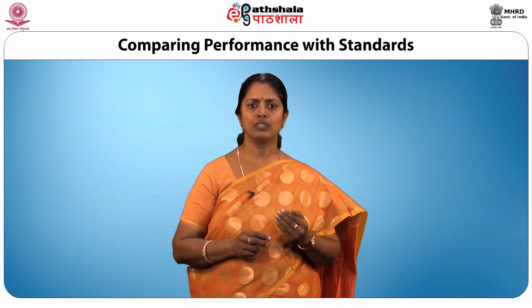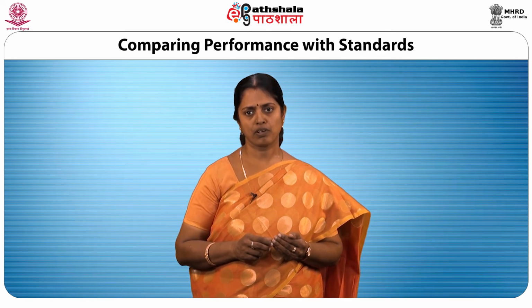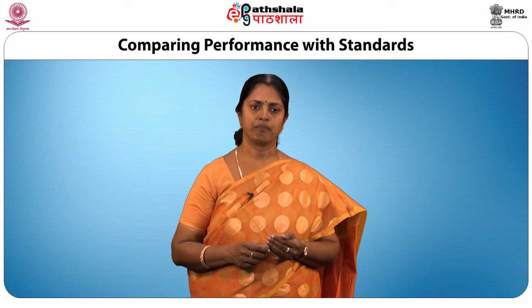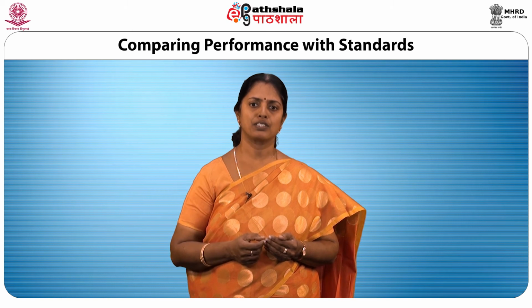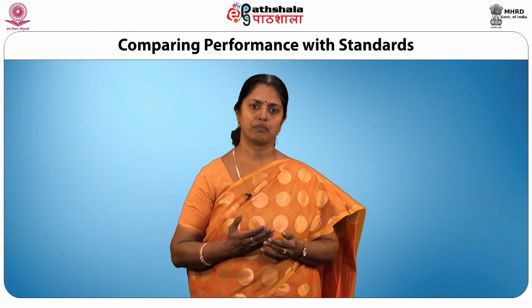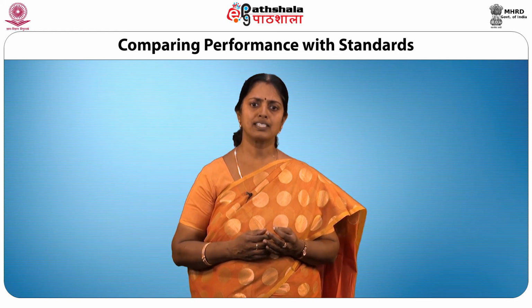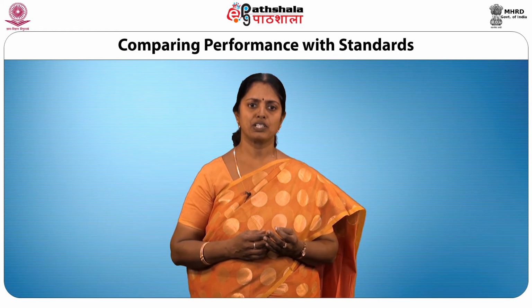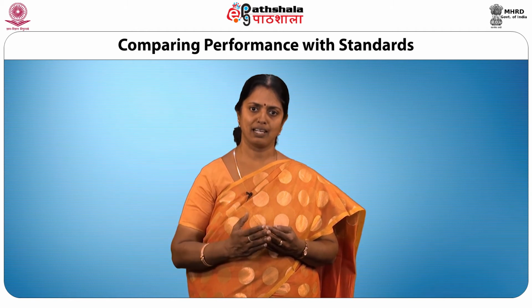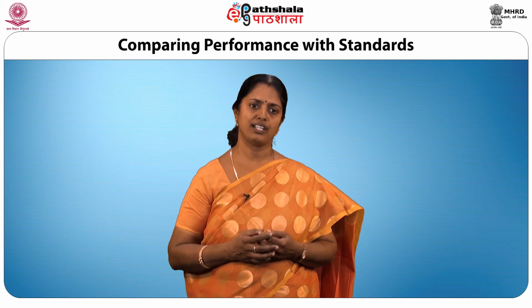Now, the fourth step in the strategic control process is to compare the performance with standards. The next step in the control process is to compare the actual performance to the standards set for such performance. This comparison is less complicated if the measurement units for the standards set and for the performance measured are the same and are quantitative in nature.